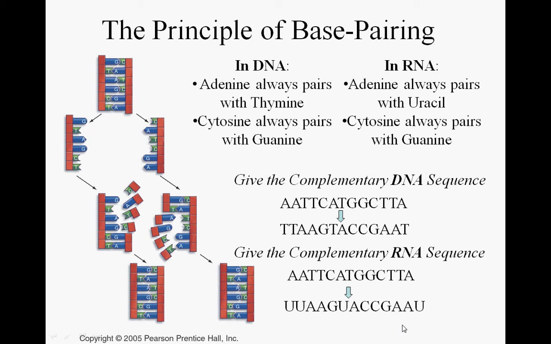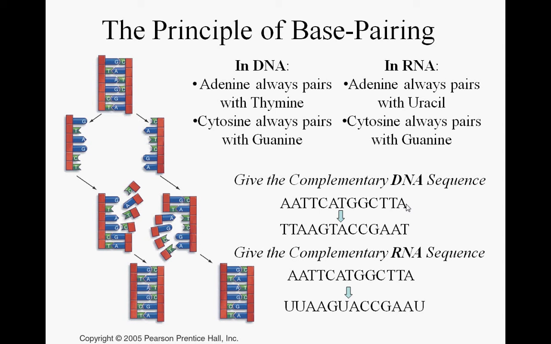Also, just for some hints on your test, if he asked you to give the complementary DNA sequence, and there were answer choices that had U's in them, you can eliminate those off the top without reading any further, because DNA does not contain uracil.